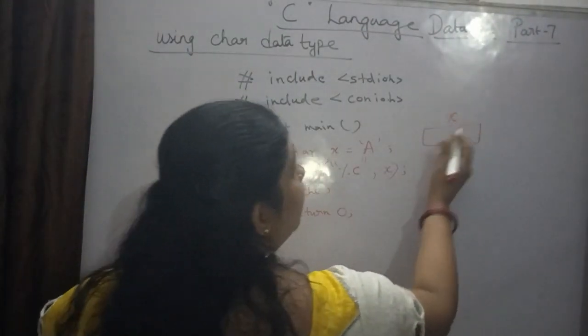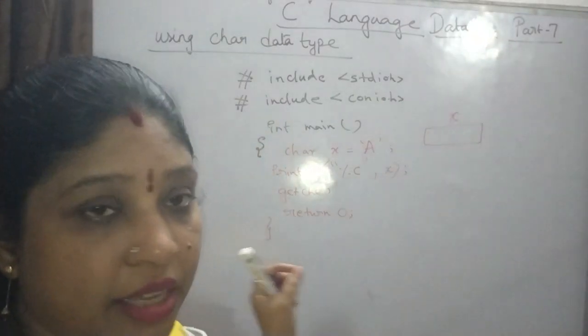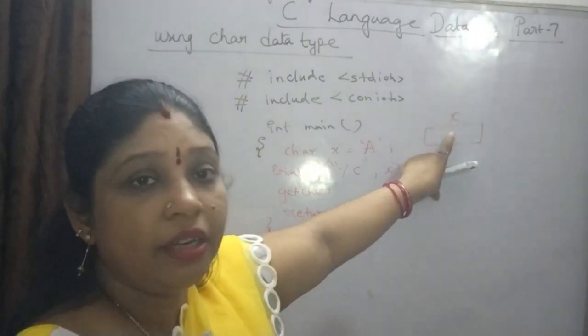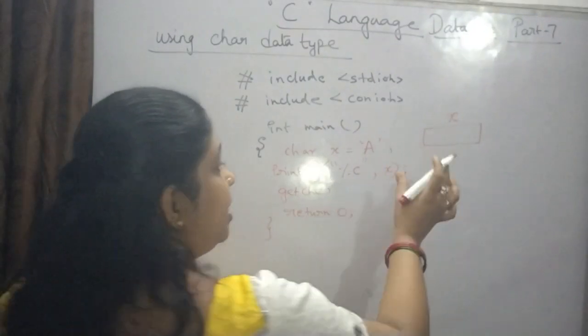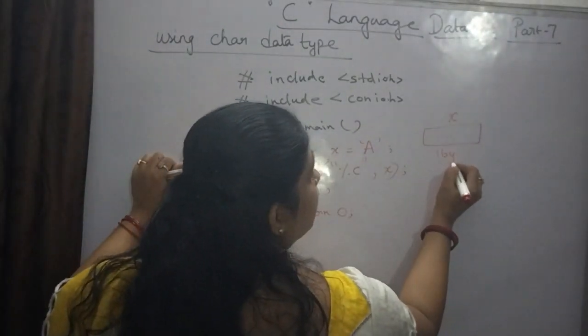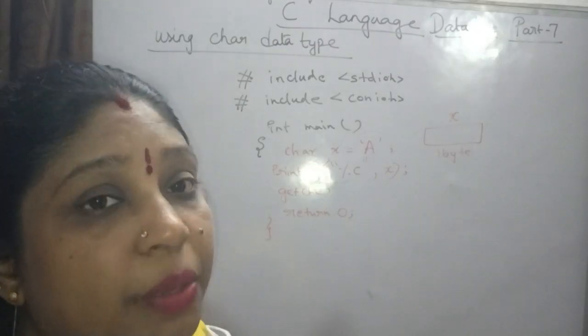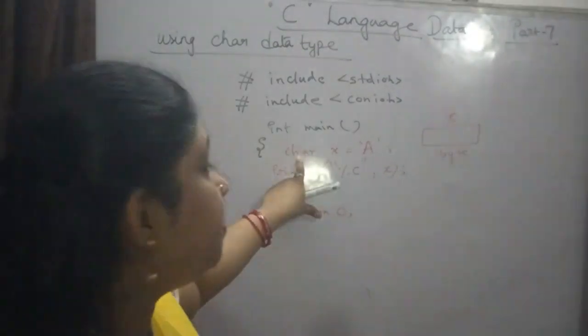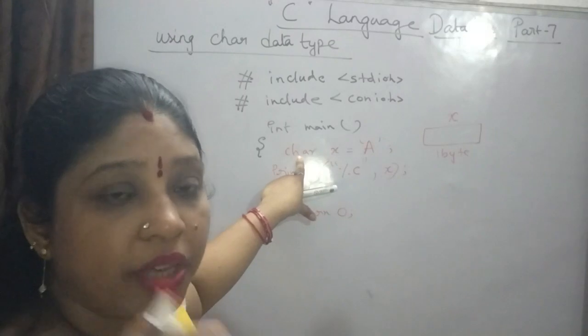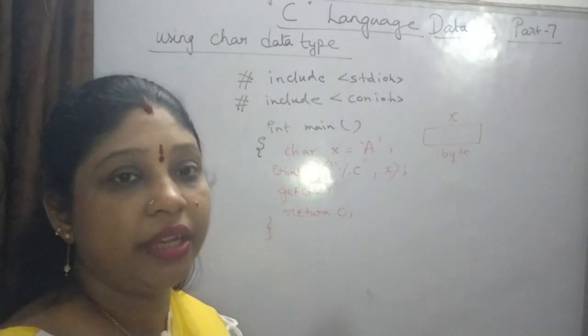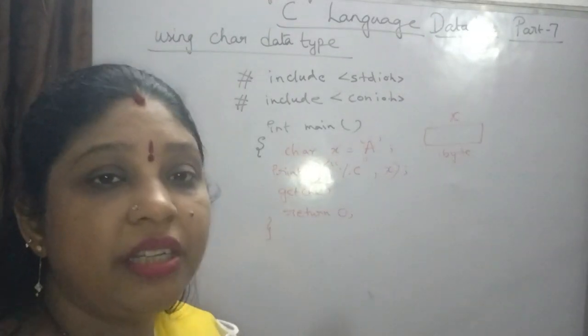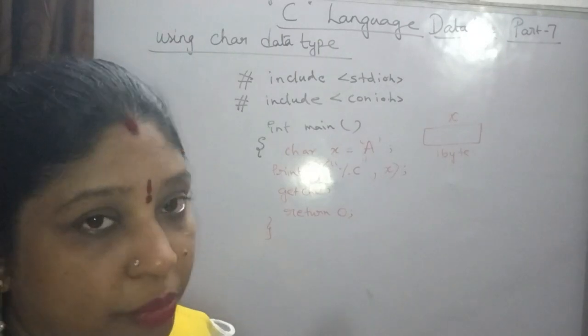So that space will be 1 byte of memory. Why 1 byte? Because I am declaring character data type, so char data type will take 1 byte of memory. 1 byte is nothing but 8 bits of memory size.